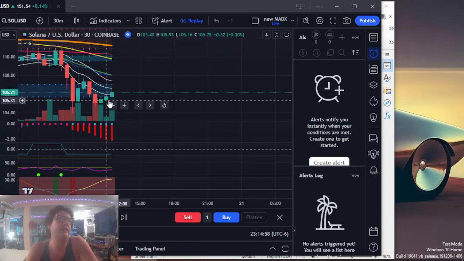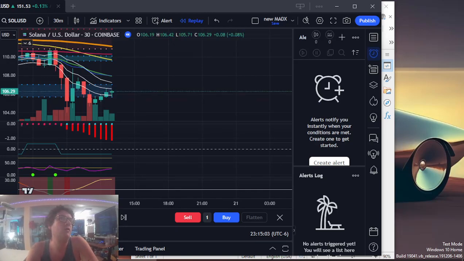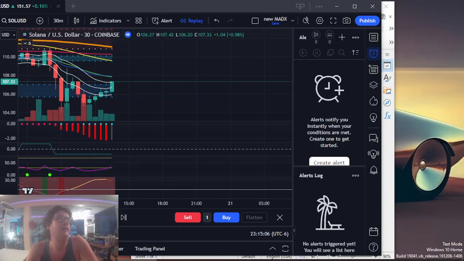Bit of a trend line there. Is this a trend line break? So it might be going up. Yep.